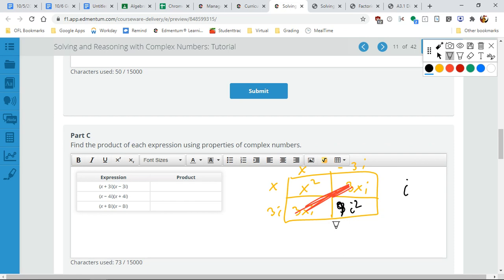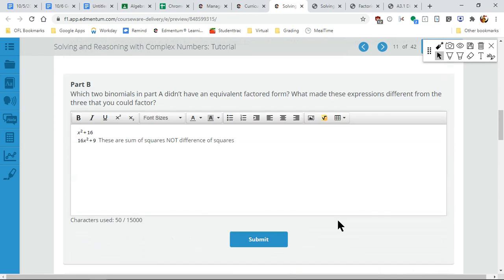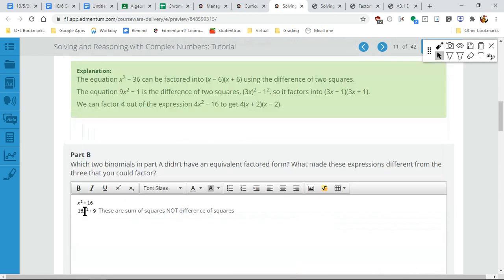Well, i squared is negative 1. Oh, I'm sorry, this was supposed to be negative 9 because it's negative 3 times 3. I'm sorry, guys, I'm tired. So we get x squared plus 9, which is similar to this over here.